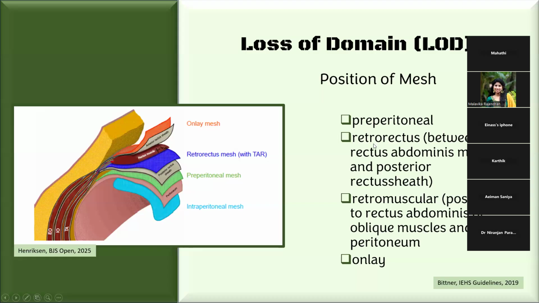So you got to understand that when you talk about retrorectus mesh, it can extend only up to the lateral border or the lateral limit of the rectus sheath. And so when you have to go beyond that, you will get up and go deep to the posterior rectus sheath, and that becomes a pre-peritoneal mesh.